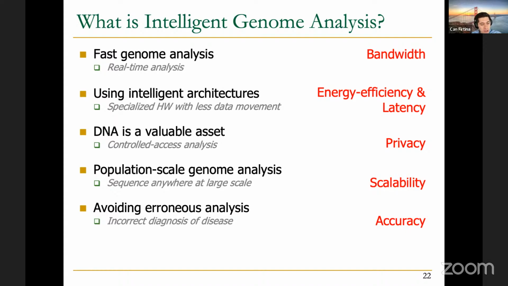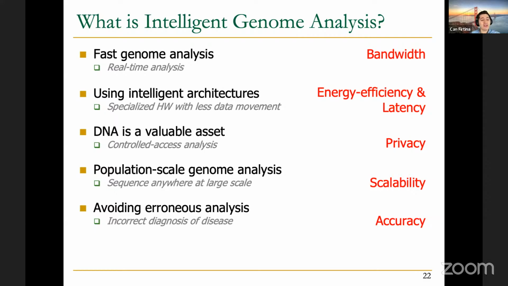And another point, which is perhaps one of the most important, is that we want to avoid erroneous analysis, right? It's of course important to perform fast genome analysis, but eventually what's important is that your answer is correct. If you're giving an incorrect answer, even though you're doing it really fast, it's useless. So it's really important to keep in mind that the results of the genome analysis are accurate.